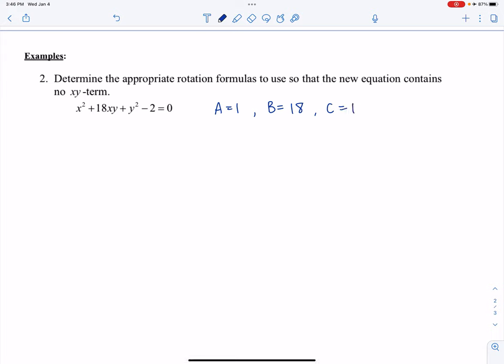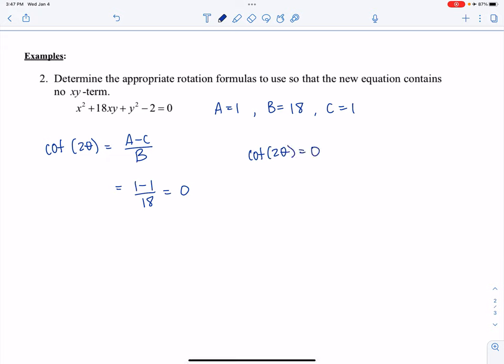And the formula we're going to be using is cotangent 2 theta equals a minus c over b. Let's plug in what we know. We have 1 minus 1 over 18, which is 0. That tells us cotangent of 2 theta equals 0.